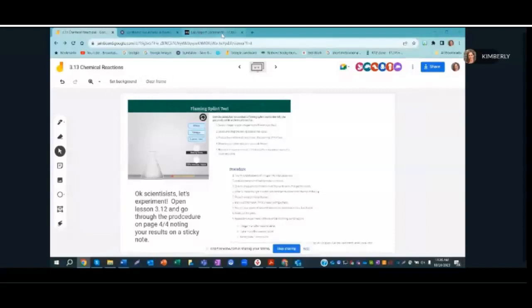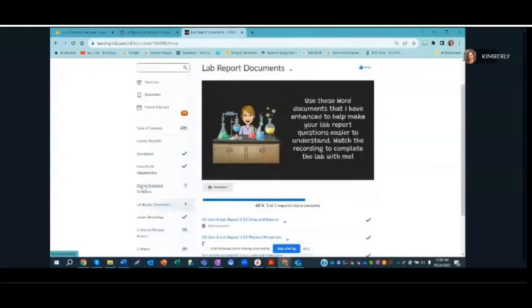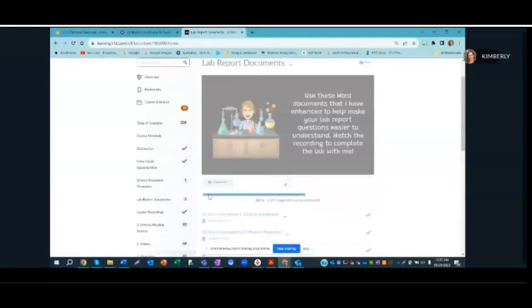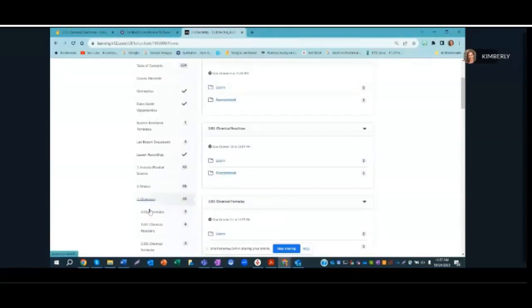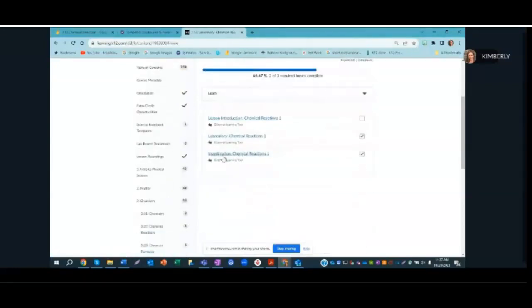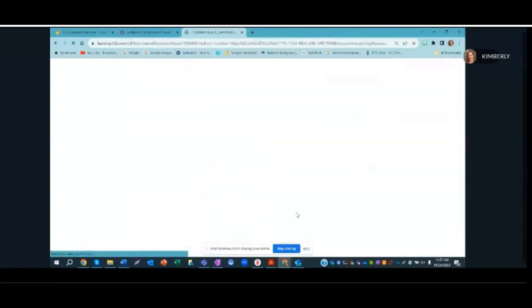Hang on one second. All right, now it's coming up. I'm going back into the lesson 3, scrolling down to 3.12. Okay, clicking on the investigation part, and going to page 4.